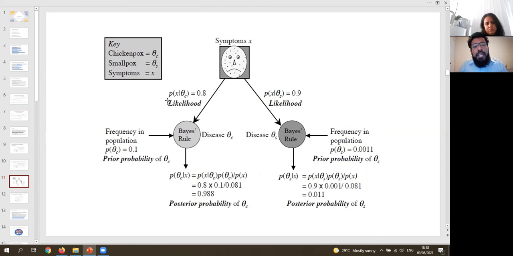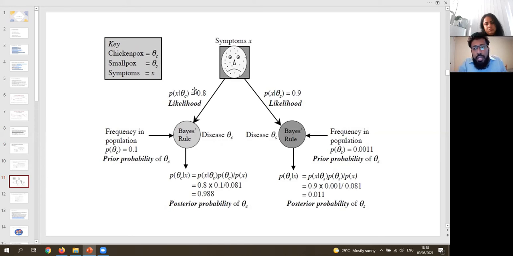So let's look at this side. Delta C means chickenpox and delta S means smallpox. Having these symptoms means you are more likely, with a probability of 0.9, to have smallpox, and you have a smaller probability of having the chickenpox.